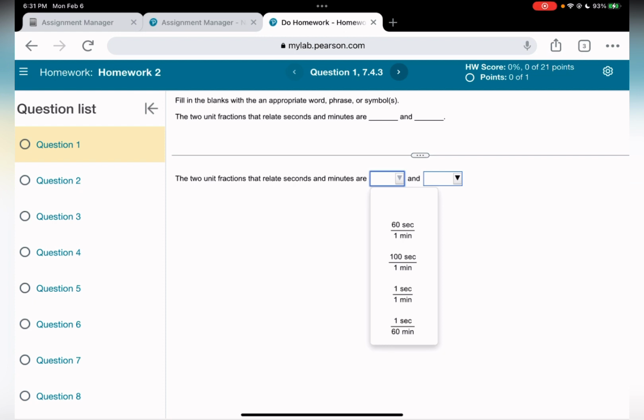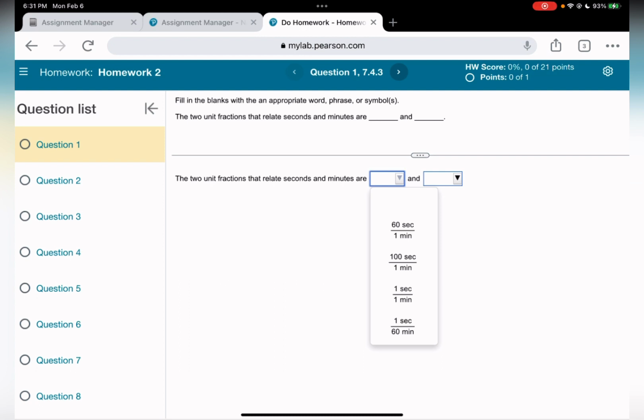Because it says seconds and minutes, we are choosing 60 seconds over 1 minute. Why don't we choose 1 second over 1 minute or 1 second over 60 minutes? Because 1 minute is equal to 60 seconds, right?